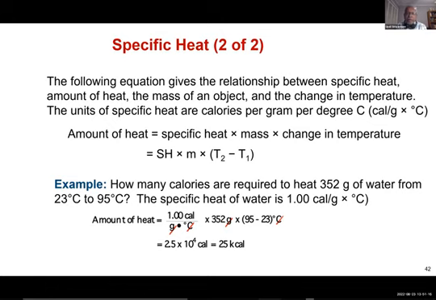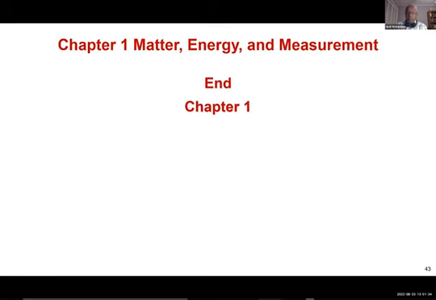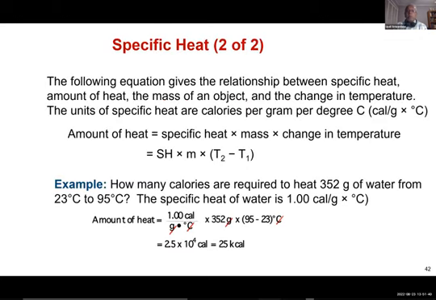We can convert this to joules using the conversion factor. 1 calorie is equal to 4.184 joules. In this case, we leave it at kilocalories. Now we go on over certain aspects of energy.